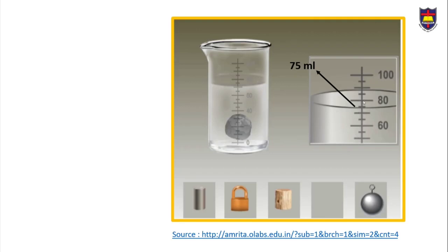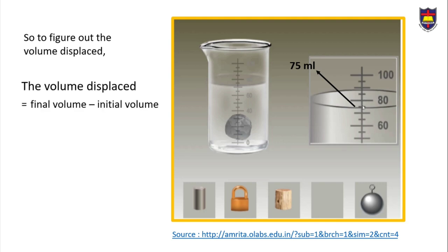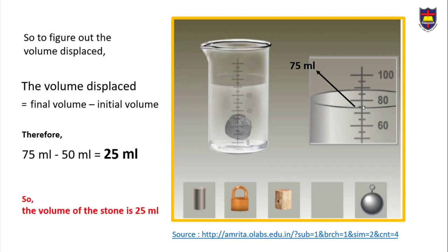So, to figure out the volume displaced, the formula is: volume displaced equals final volume minus initial volume. Therefore, 75 milliliters minus 50 milliliters equals 25 milliliters. So the volume of the stone is 25 milliliters.